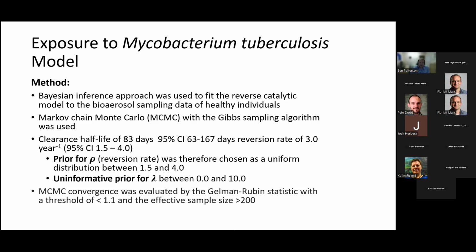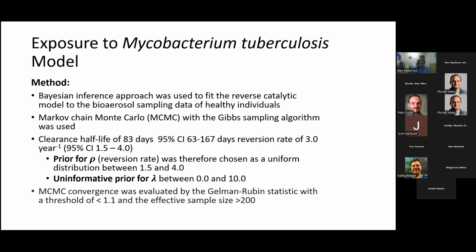Our clearance half-life of 83 days, we interpreted as a reversion rate of 3 per year with a confidence interval of 1.5 to 4.0, and we used this as the prior for the reversion rate rho. And because we don't have a great deal of data, we just used a uniform distribution for that.